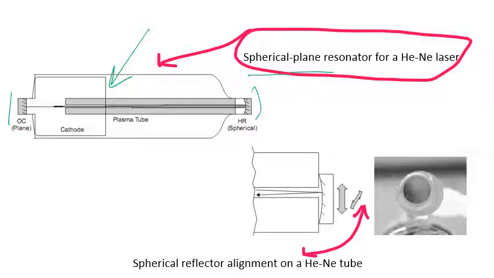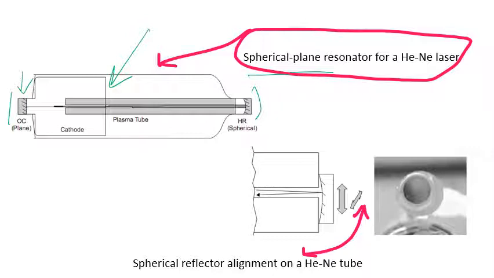You can also consider taking output from the other side, but if you take the output from here, the light will be expanding a lot. Okay, you have to collimate it, etc. Here the OC is a plane mirror, so you're taking out the light through this plane mirror.